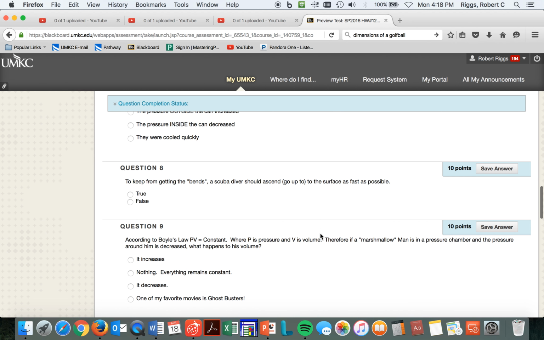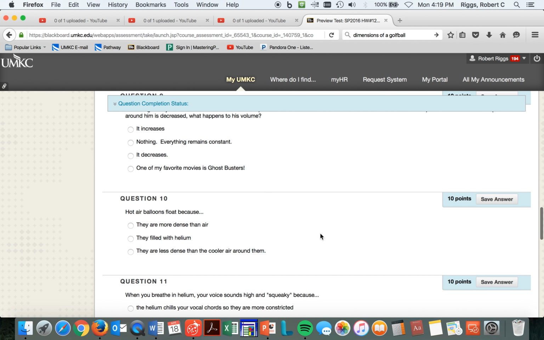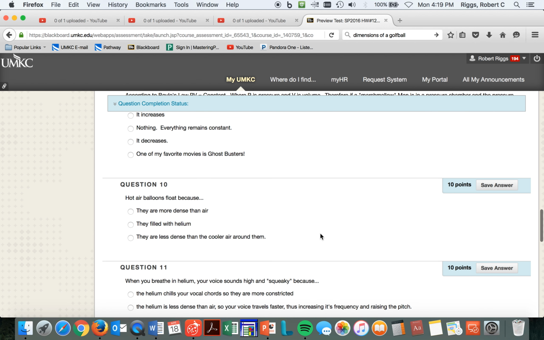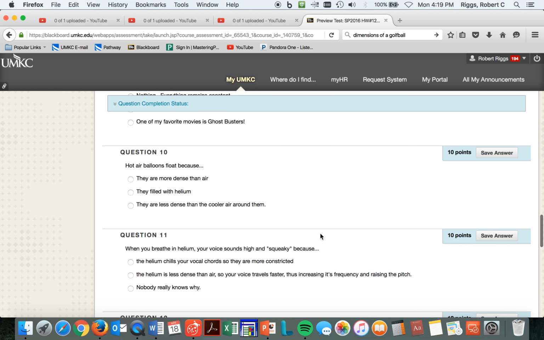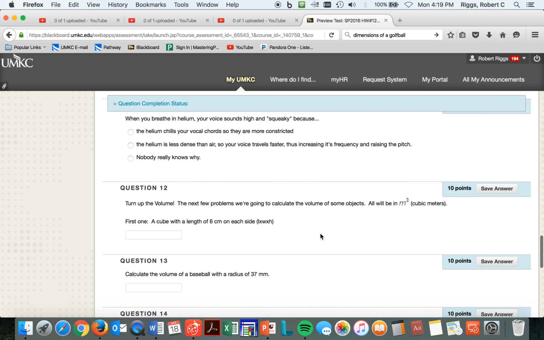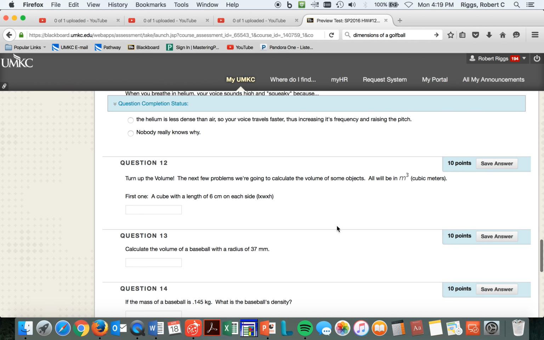This is the Can Crusher stuff. I want you to find a cube with a length of 6 centimeters on each side, length times width times height, but I want you to do it in cubic meters. So question 12, what would question 12 look like?